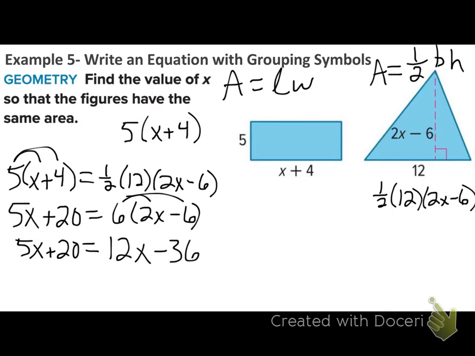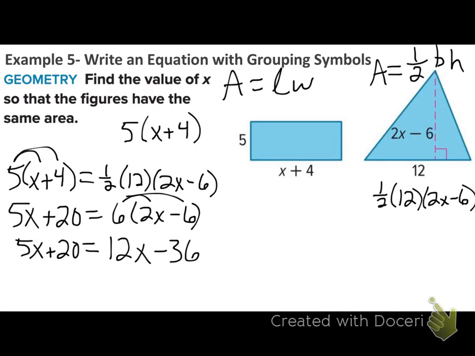Now I can start getting my variables to the same side, constants to the other side. So raise your hand if you can tell me what we want to do next. I just want to get my variables to the same side of the equation, right? Once again, it does not matter which side of the equation we get them to.